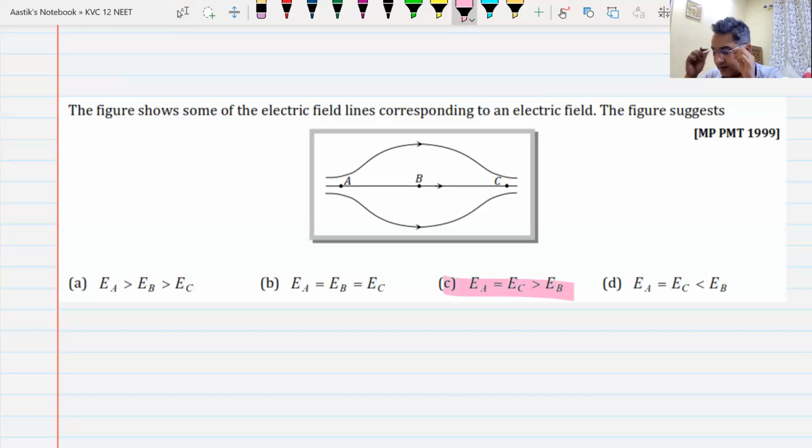Electric field at A and C are equal, and it is greater than point B. Do we understand this? Yes or no?